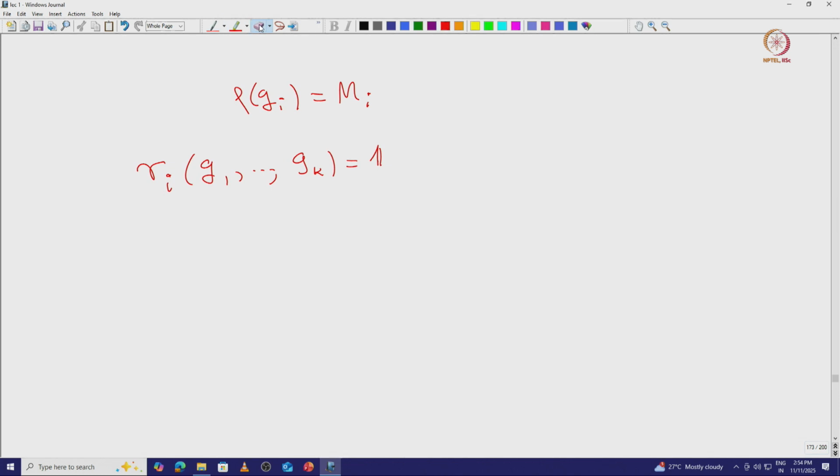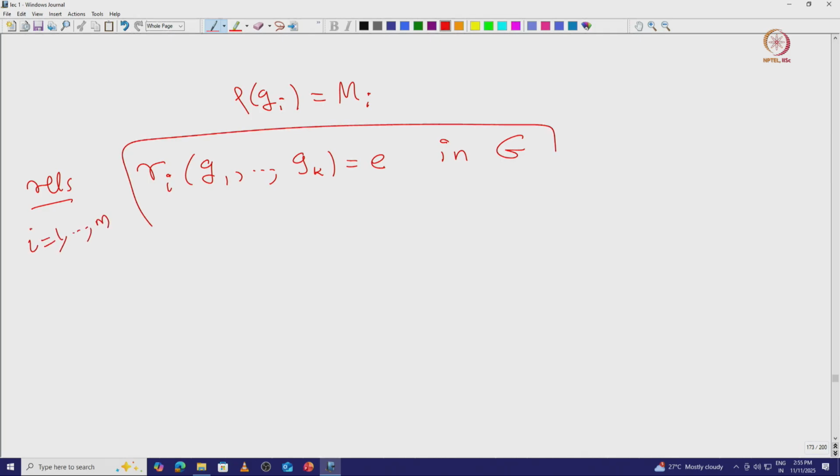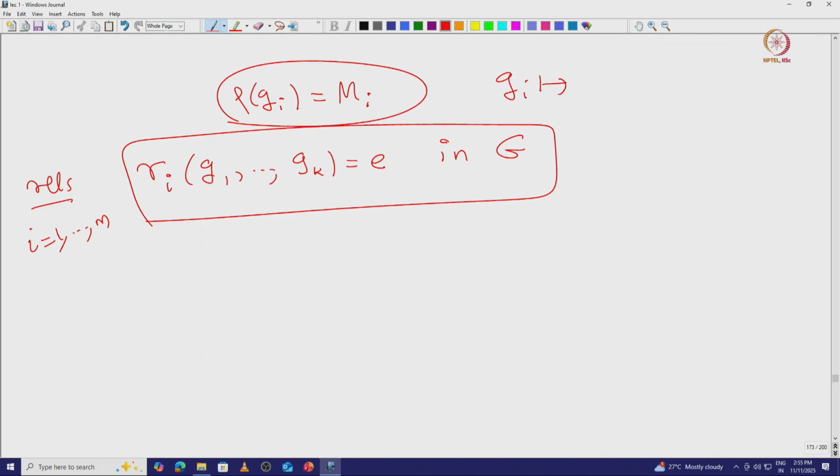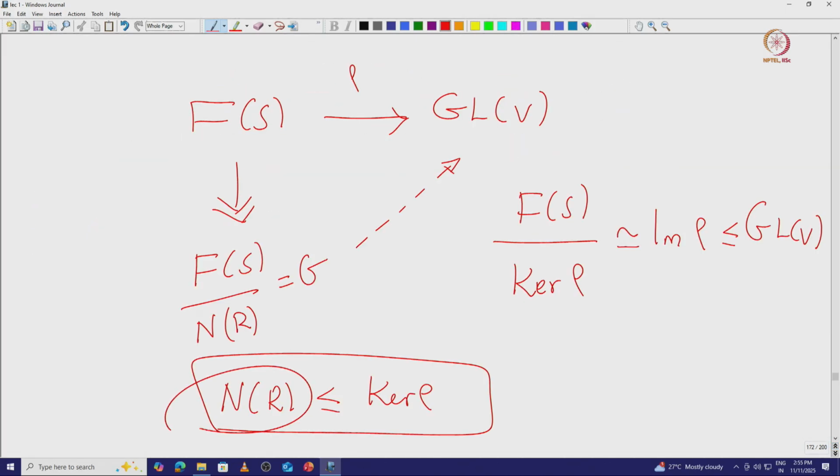These relations are there for i ranging from 1 to m inside our group G. So, the assignment that we have made is g_i goes to M_i. If these M_i matrices satisfy this relation, then we will be able to say that the normal subgroup generated by R is contained in the kernel of rho.